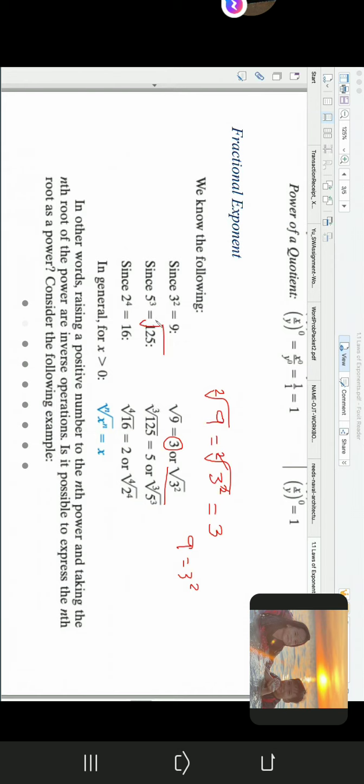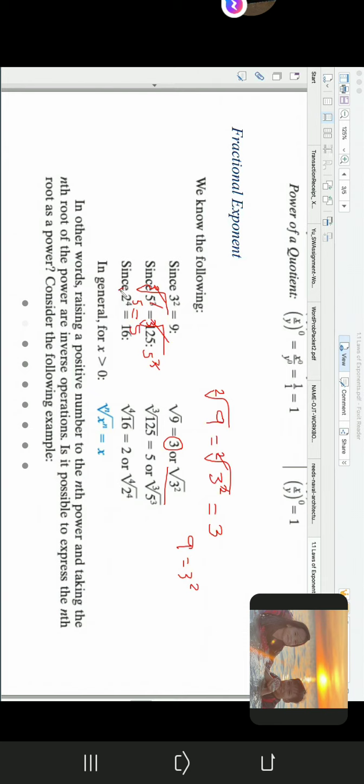Cube root and cube, so they cancel, right? Then this one can be written as 5 cubed. So it cancels, so 5 is equal to 5.